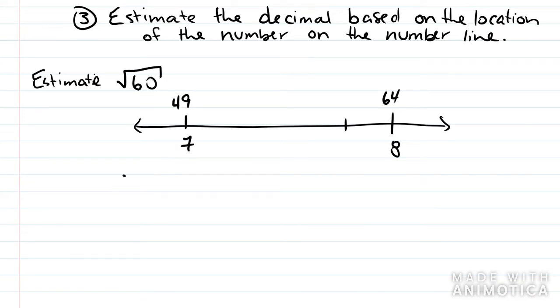Probably about 7.7. So again, we try our calculator. If I do 7.7 times 7.7, it gives me 59.29. Pretty close.